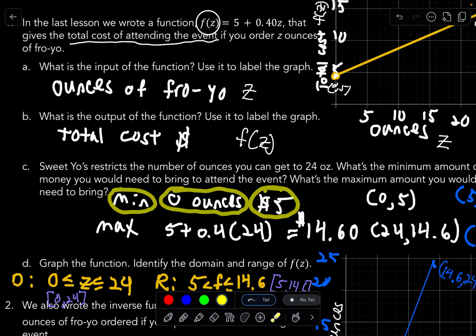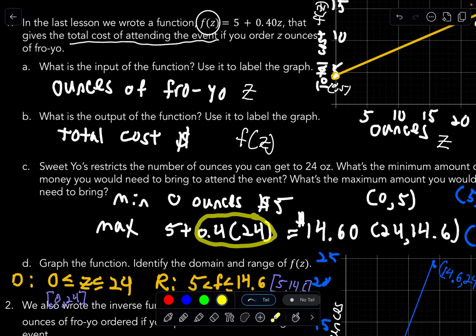The maximum amount of money you need would be the money needed to go to the concert, the 5, plus the money it costs to buy 24 ounces of yogurt, since that is the maximum amount you can get. So when you plug this into your calculator, you get $14.60.